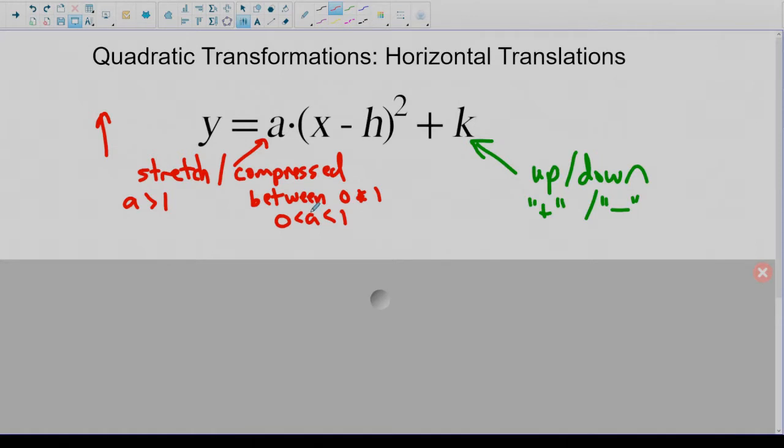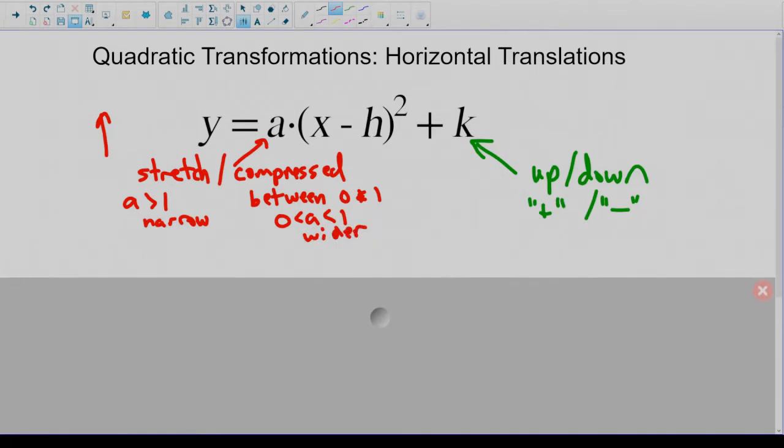Because these are stretches and compressions vertically, you've got to think of it like going up and being stretched upwards or squished downwards, okay? And we know that when it's stretched upwards, it's narrower. And if it's compressed downwards, it's wider. We also know that if a is negative, it's flipped upside down.